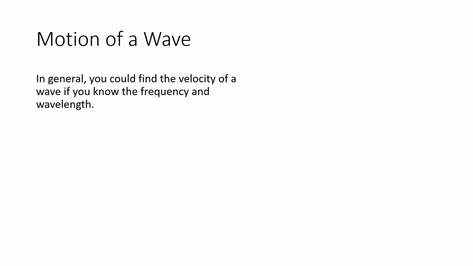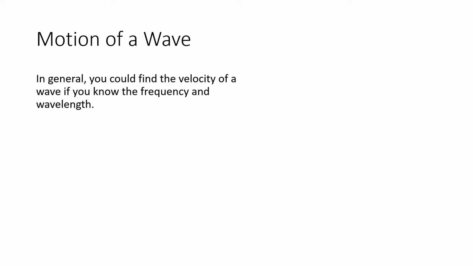And also if you know the frequency. Frequency was 1 over the period of oscillation. So the frequency is like how many oscillations, how many cycles happen in 1 second.